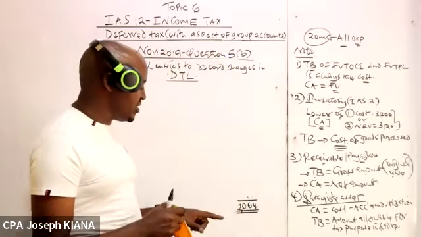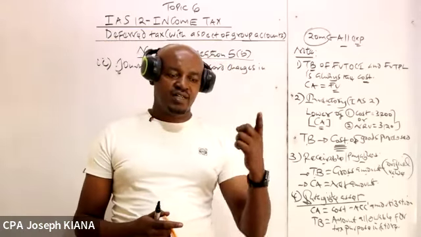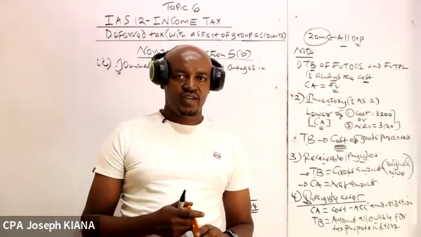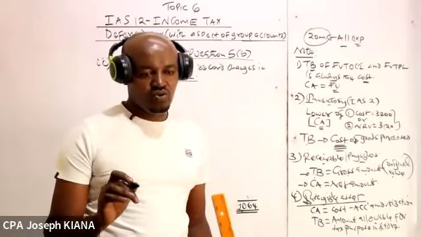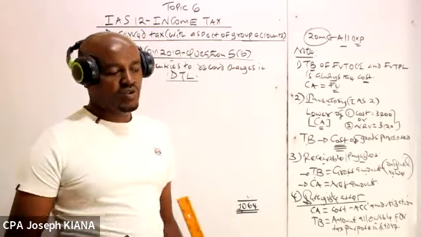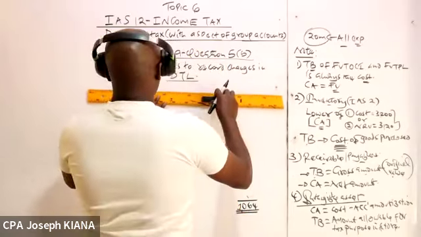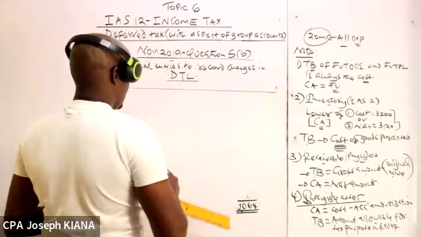And also, we will be able to use this figure which you have computed here to compute the deferred tax at the end of the year. So which items caused that deferred tax to change? For us to know those items, let's first prepare the deferred tax account, and then we make those journal entries.